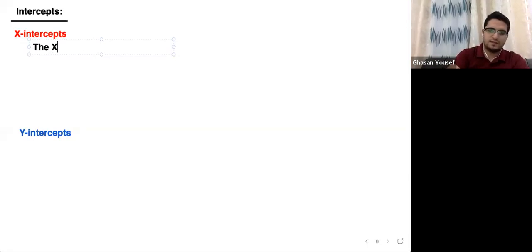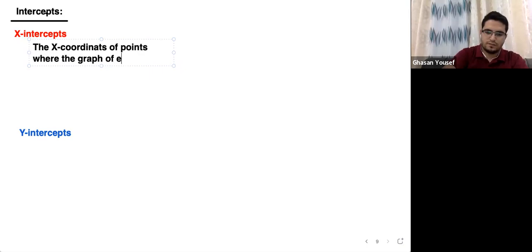It is the X coordinate of points where the graph of the equation intersects the x-axis.